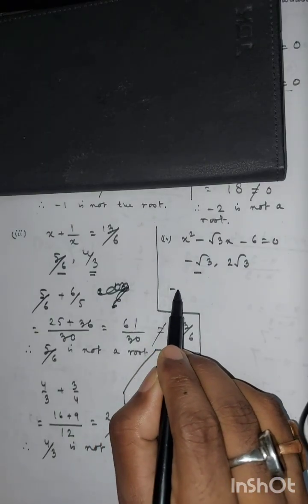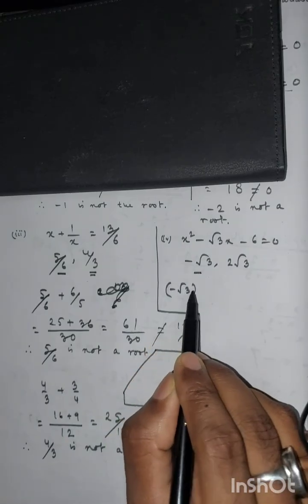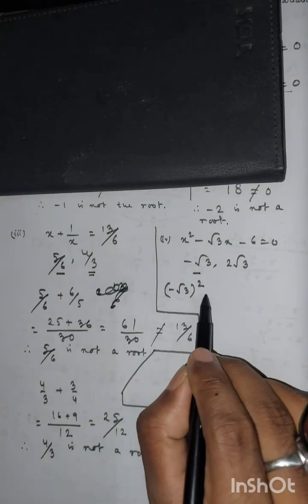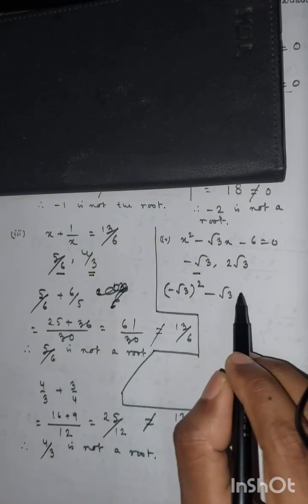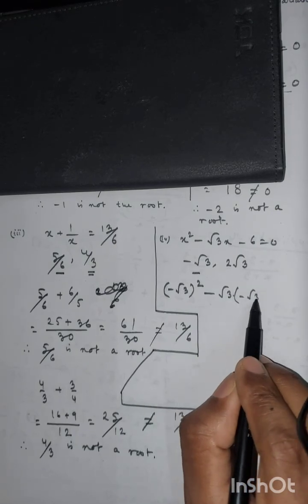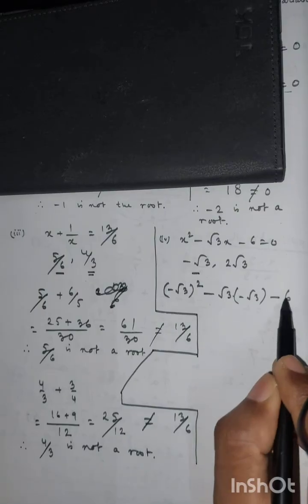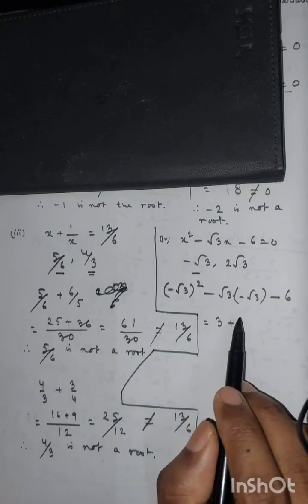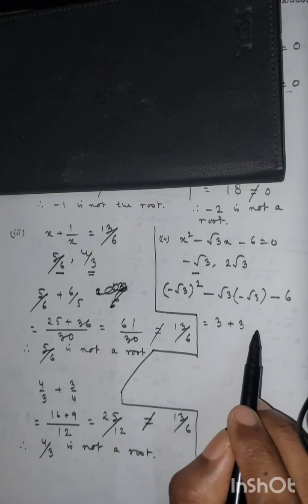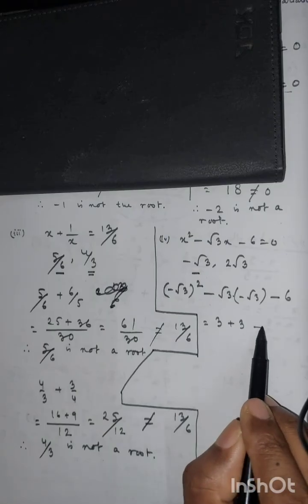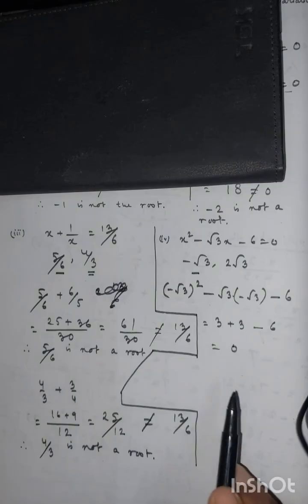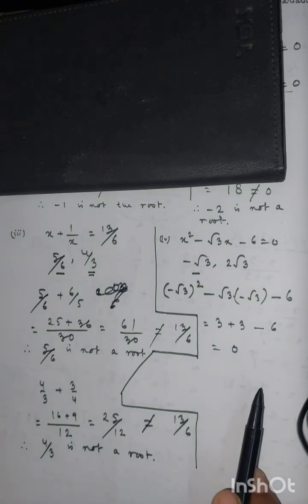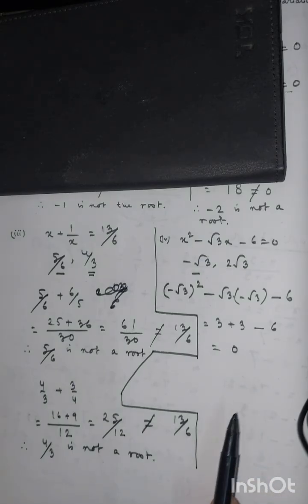So we are getting minus root 3 square minus root 3 into minus root 3 minus 6, which is equal to 0. So LHS is equal to RHS. Therefore, minus root 3 is a root of this equation.